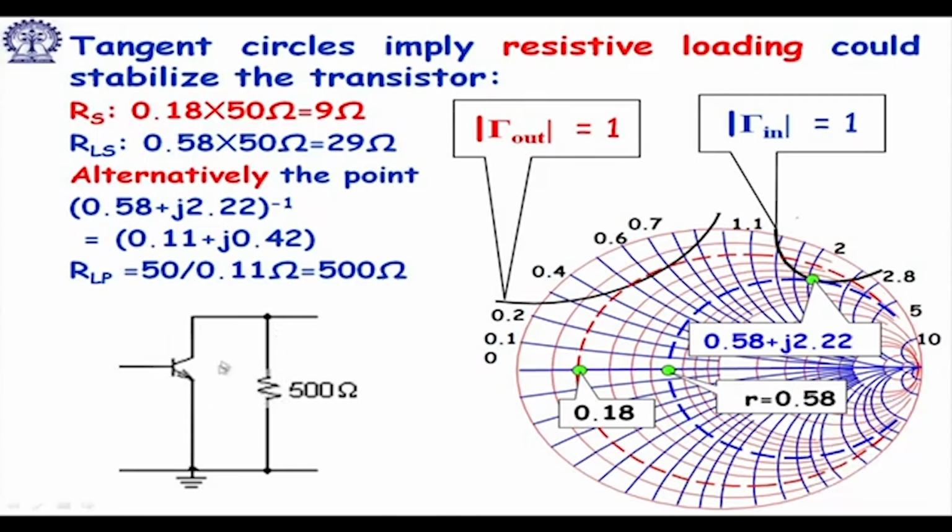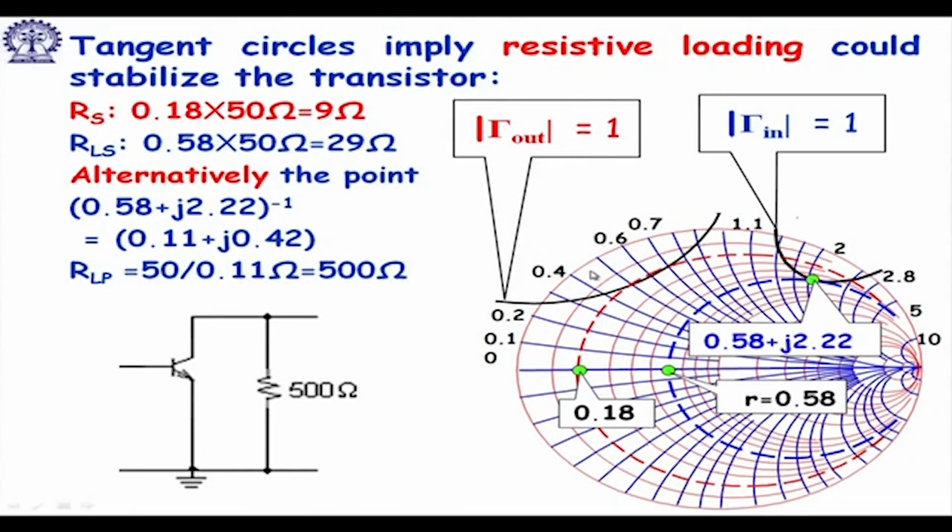If I know the ABCD of this, because I know the S parameter of this transistor, I can easily find out the ABCD parameter of this, then the ABCD parameter of this shunt element. I can multiply this to the ABCD parameter to find out the resistively loaded transistor's ABCD parameter.